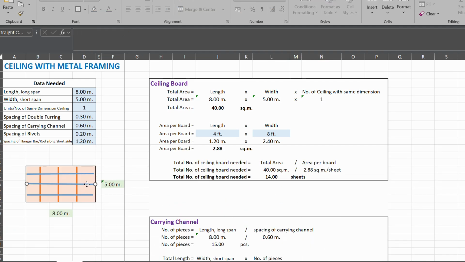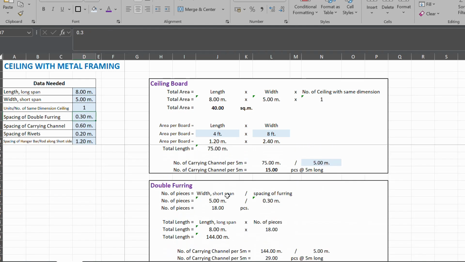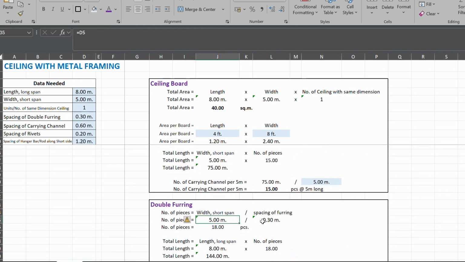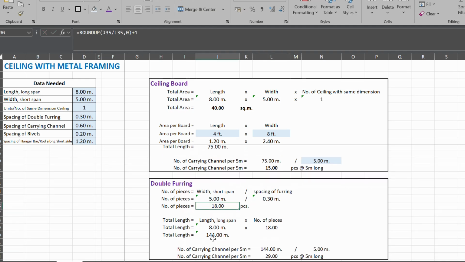So let's move to the double furring. For the double furring, how do we count how many pieces? The short span, 5 meters, divided by the spacing of this double furring. So the short span is 5 divided by the spacing 0.30, plus 1, then 18. 18 pieces.